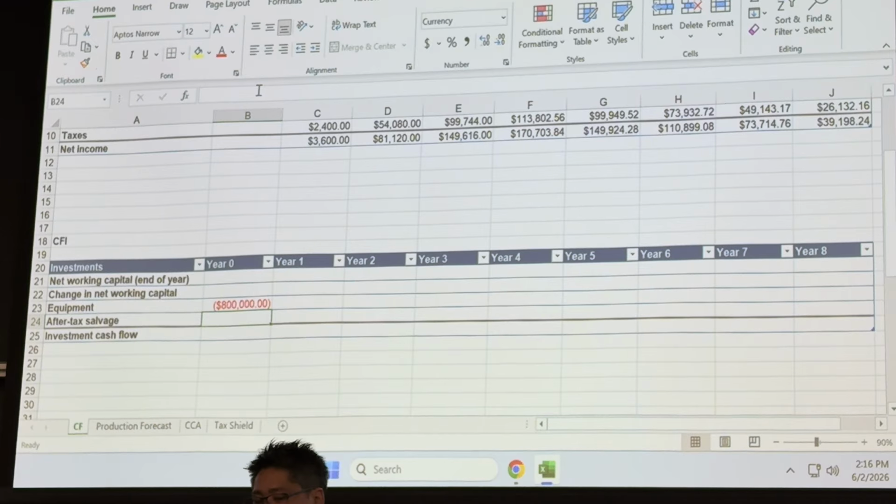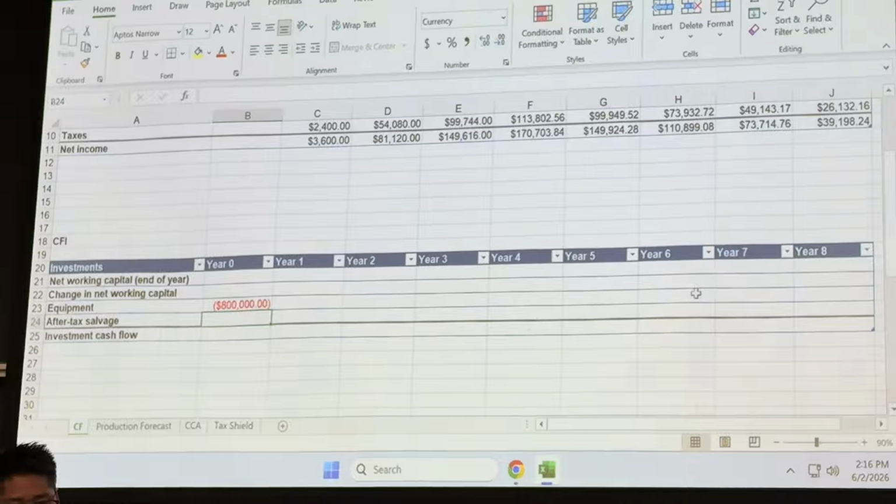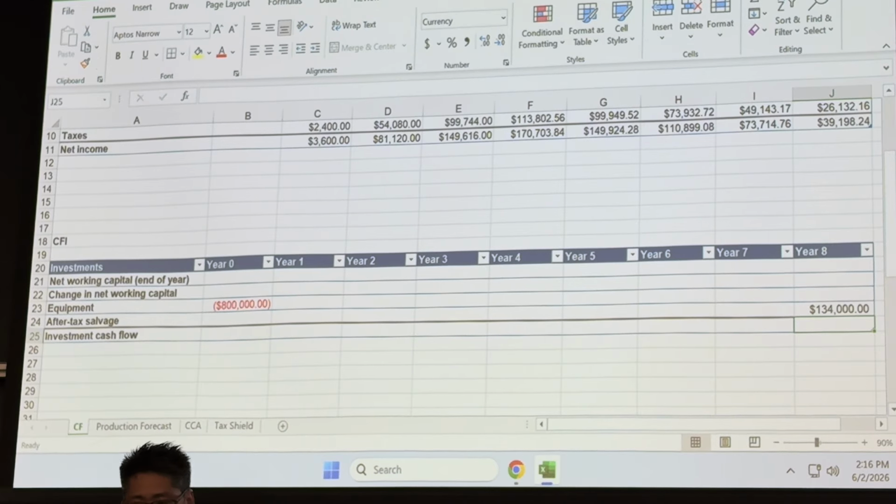It's gonna cost you negative $800,000. And the salvage value given by the case, how much you can sell it back for, $134,000. So that's a positive amount that you're gonna get at the end of the project.